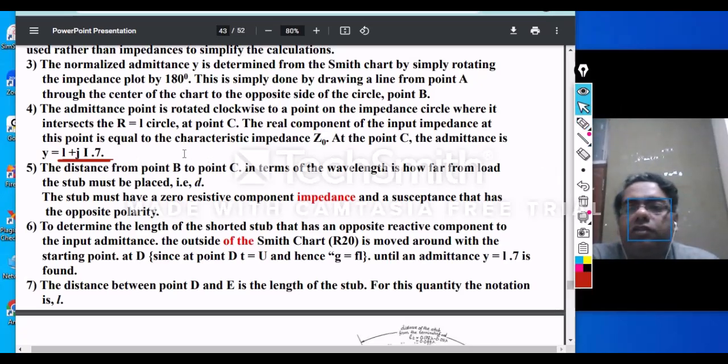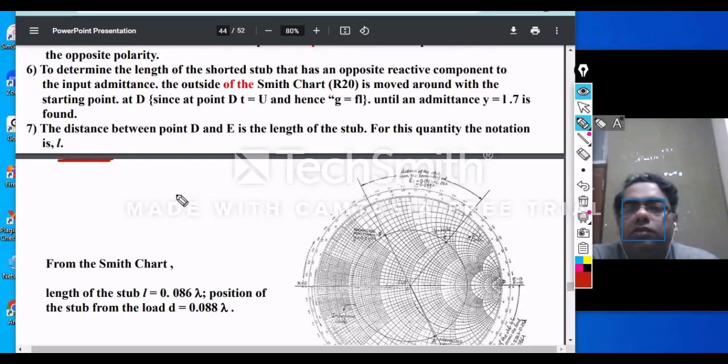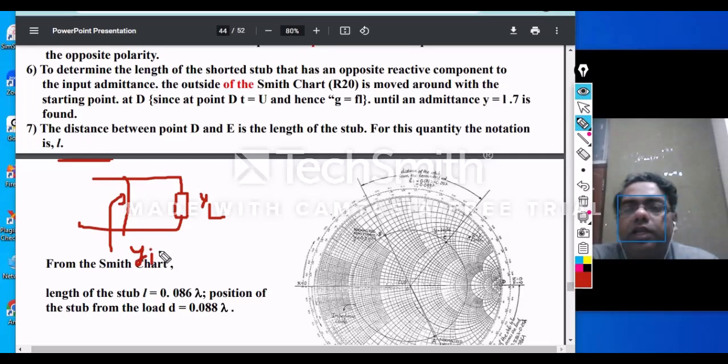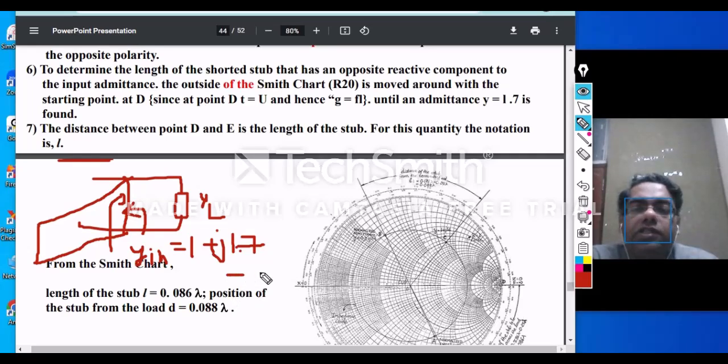So if we have a load YL, and at a distance our input normalized admittance is 1 plus j1.7, we will connect the stub, a shunt stub, and the length of the stub will be such that the input admittance of that stub should be minus j1.7, so that when it is added with this one, it cancels out and we get 1.